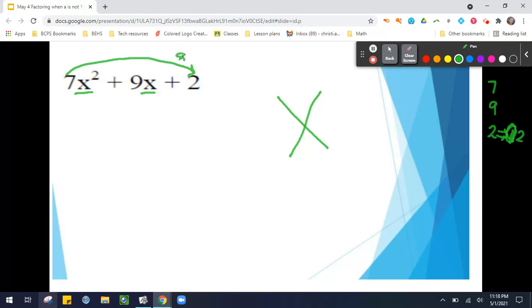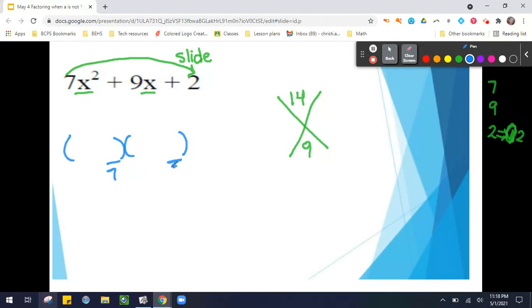So I'm going to slide the 7 to the 2, which is going to give me 14. And I am still able to use my middle term, which is a 9. As soon as you set up the slide, you know you're going to have to divide. So you can put your parentheses where you're going to put your two binomials, but you know you're going to divide by whatever you use to slide, and I used a 7 to slide.